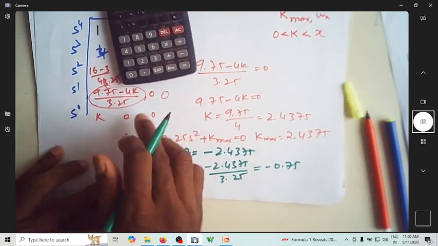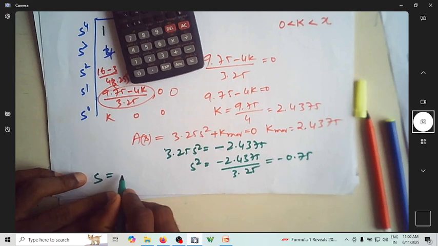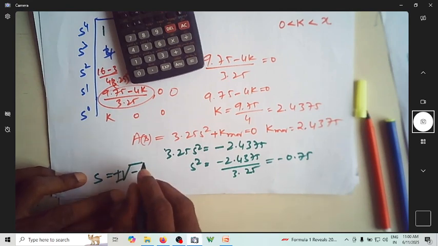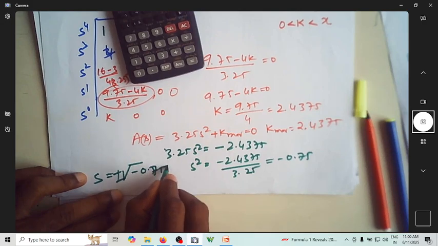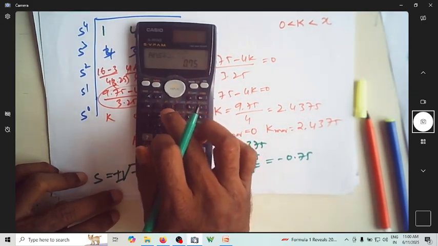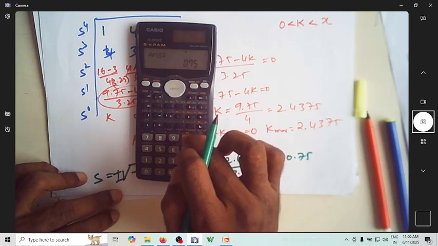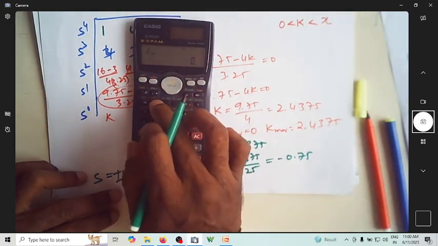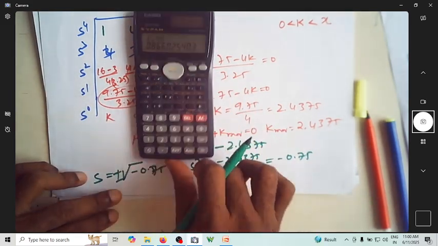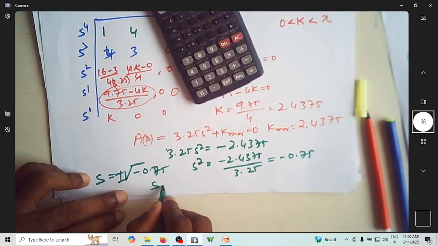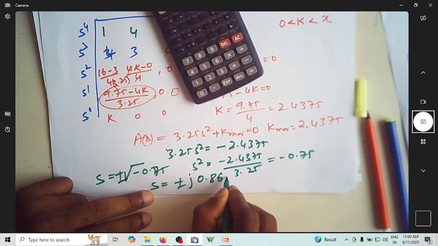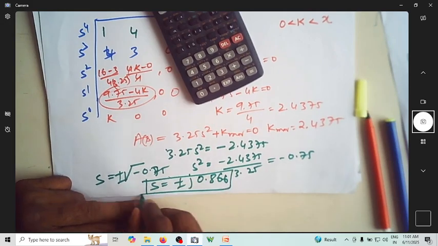Then the roots of s are plus or minus j times the square root of 0.75, so the roots are plus or minus j 0.866.